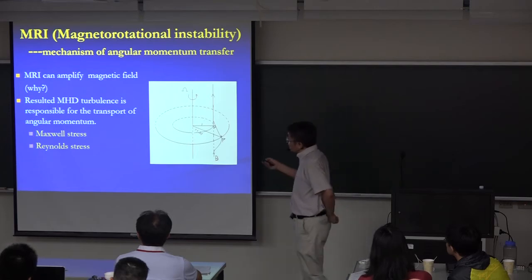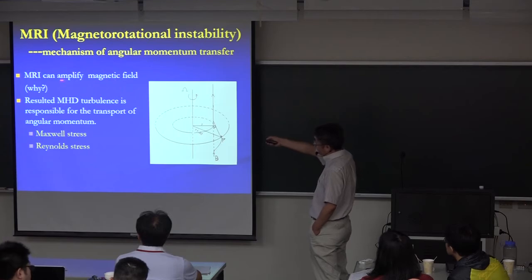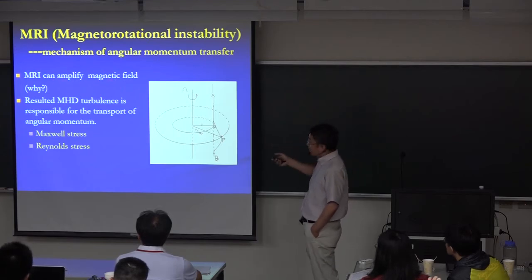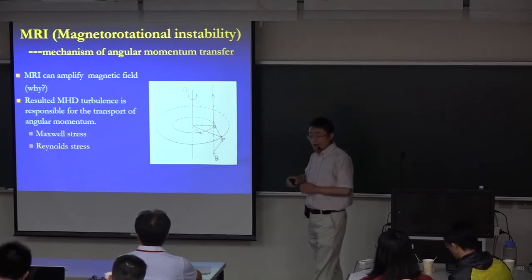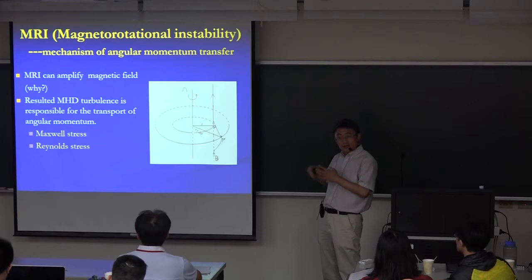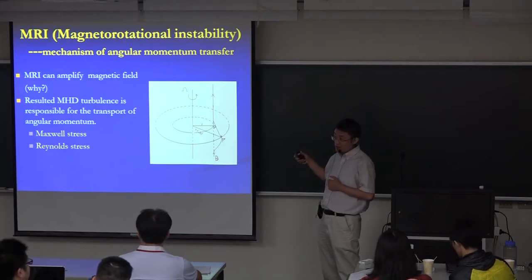One consequence of this kind of instability is that it can amplify the magnetic field. Why? Whenever we have MRI, the accretion disk will become turbulent. Remember, I said just now that in this case the magnetic field is not so strong.